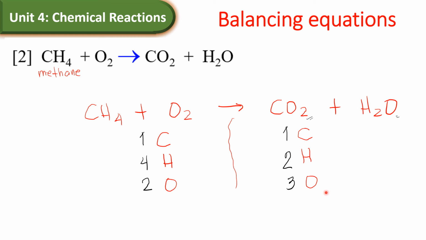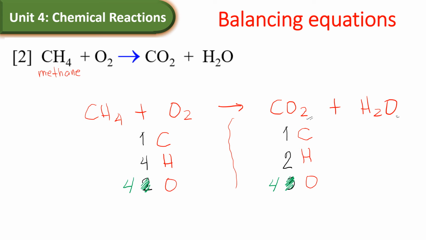Okay? So 2 oxygen here and 3 oxygen here. What if I have it like this? Instead of having 2, I'll make it 4 oxygen, and instead of 3 here, I'll have it 4. Now, if I adjust oxygen into 4, I have to add 2 more oxygen in your product side.